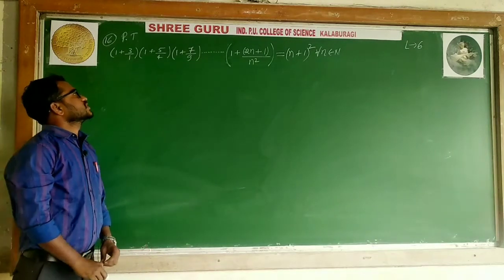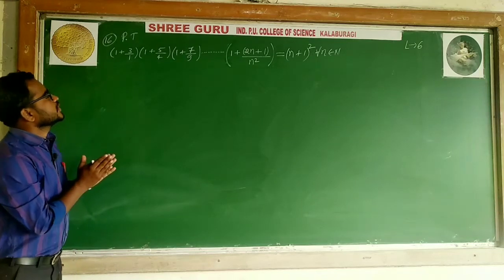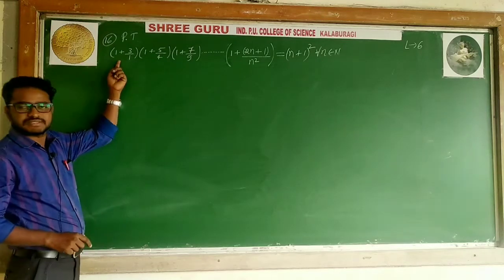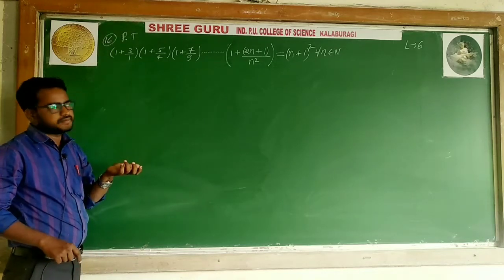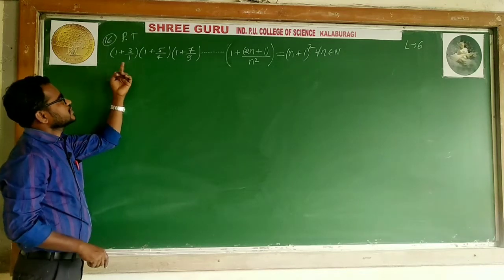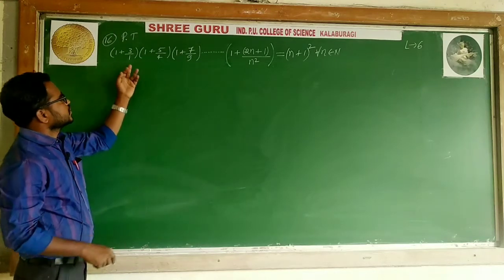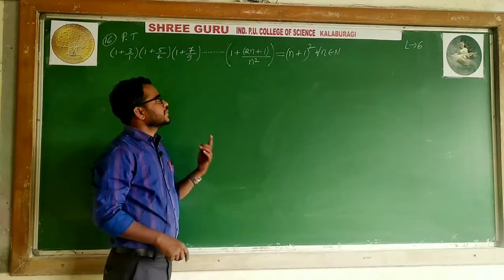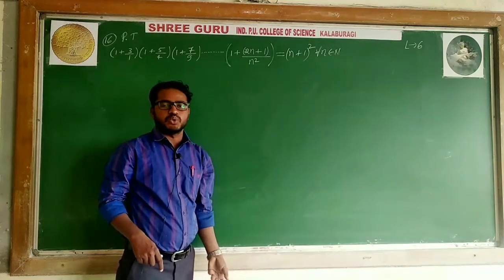I think in the previous class we had done up to 15 problems. Today I am taking the 16th one. Prove that (1 + 3/1)(1 + 5/4)(1 + 7/9) and so on, up to n brackets, where the nth bracket is 1 + (2n + 1)/n², is equal to (n + 1)².